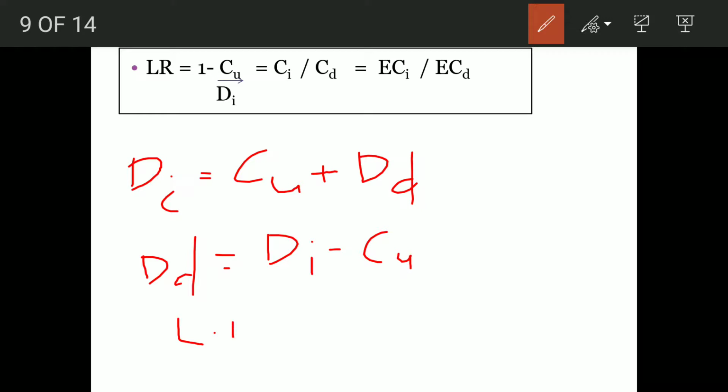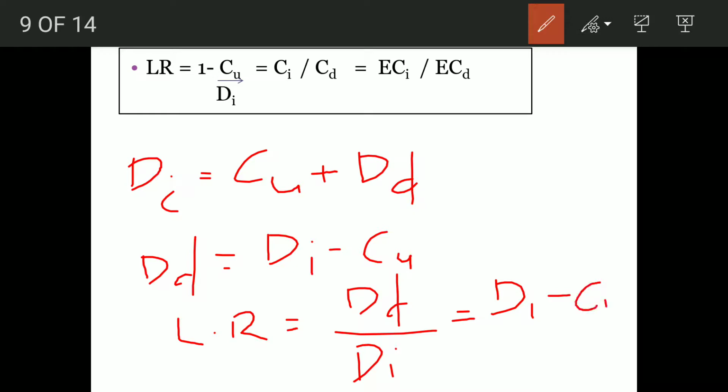LR, we know, is equal to DD divided by DI. So, it is DI minus CU divided by DI. Thus, we get this equation: 1 minus CU divided by DI. That is the derivation for LR: 1 minus CU, that is the consumptive use, divided by depth of the water for irrigation purpose.